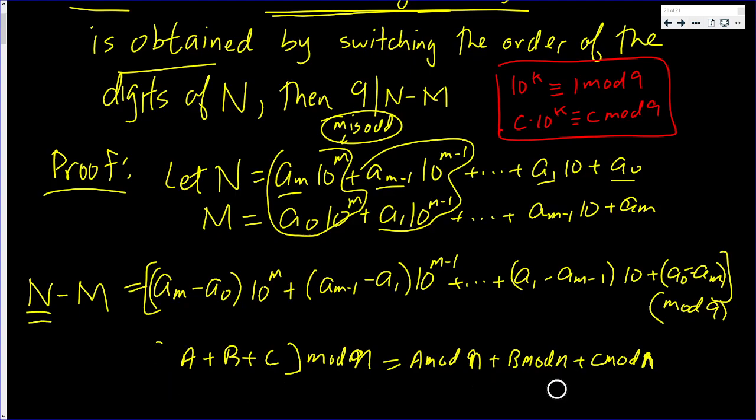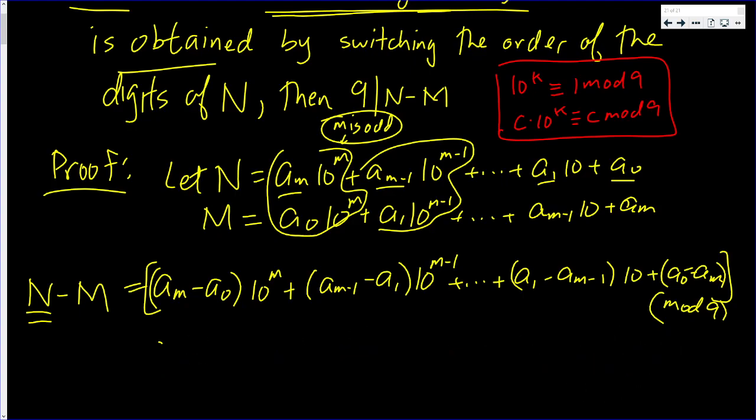It doesn't just have to be 3 terms. We have m plus 1 terms here. This mod 9 is just going to equal a_m minus a_0.